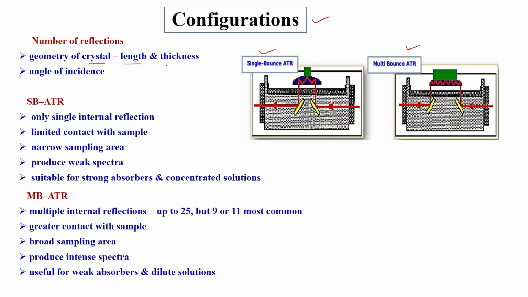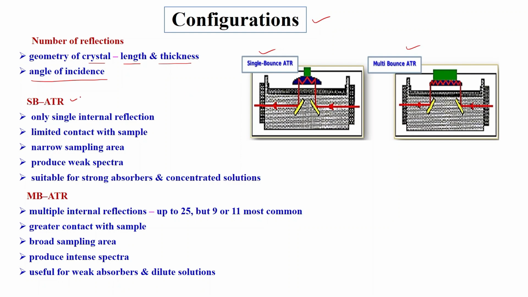The longer the crystal, the more reflections there will be, and also the thickness. So the number of reflections depends on the geometry of the crystal, length, thickness, and also the angle of incidence, at what angle the infrared radiation is incident into the crystal. That also decides the number of reflections which take place in the crystal.